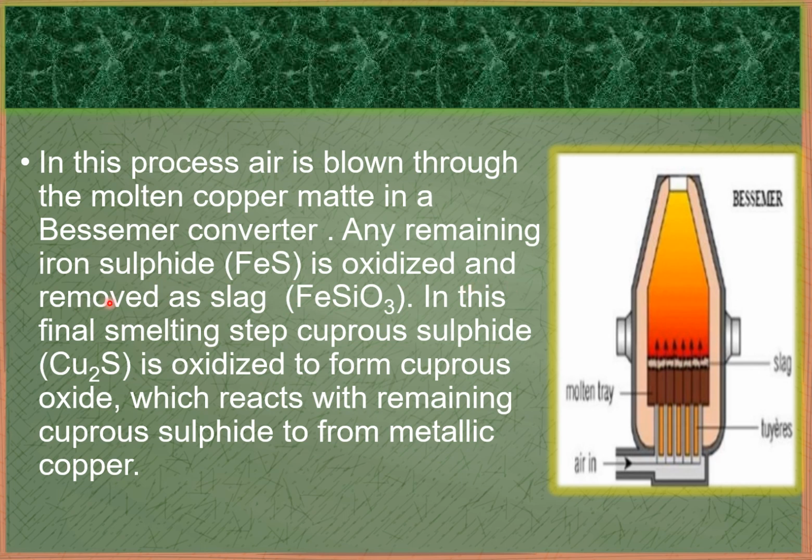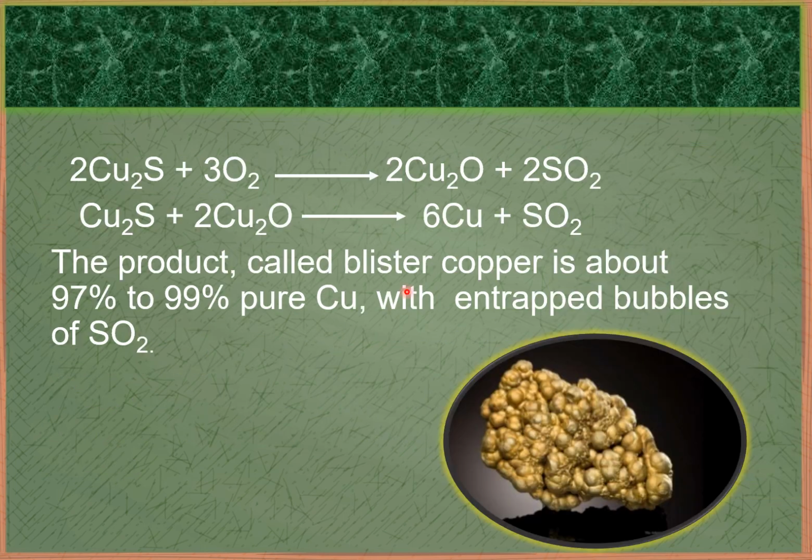In this final smelting step, cuprous sulfide is oxidized to form cuprous oxide, which reacts with remaining cuprous sulfide to form metallic copper. Cuprous sulfide reacts with oxygen and forms cuprous oxide and sulfur dioxide.